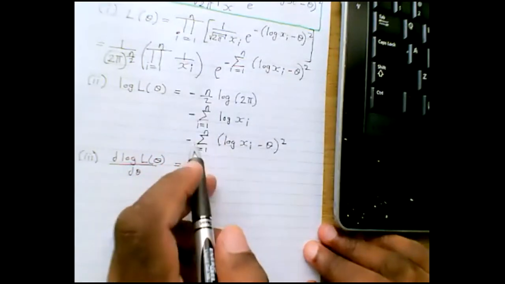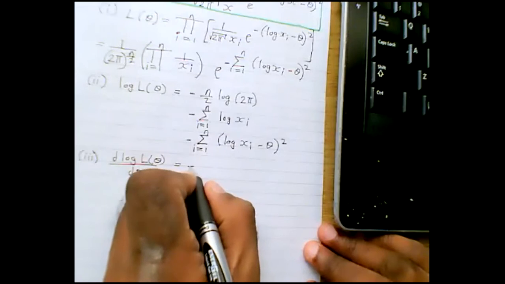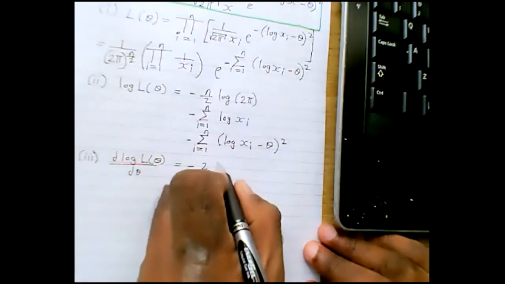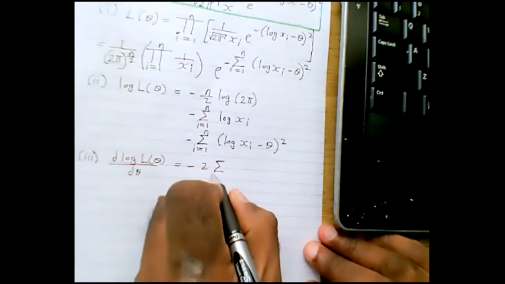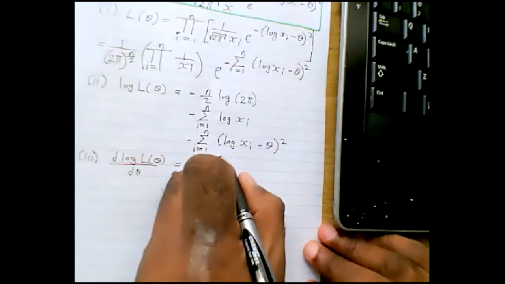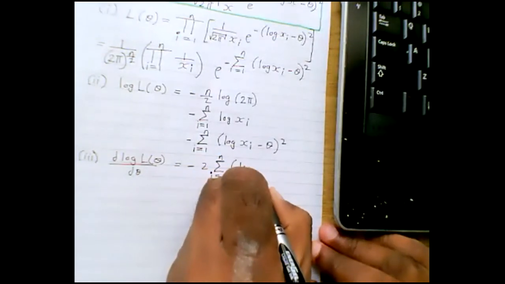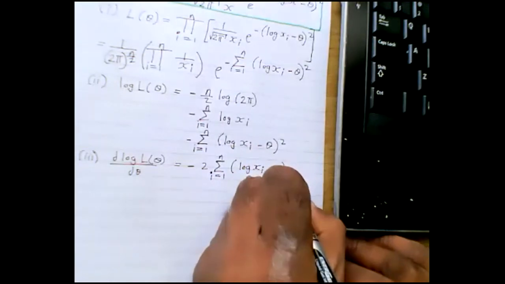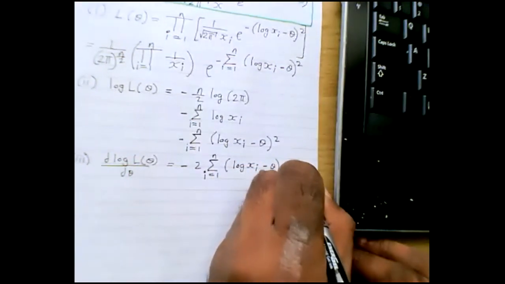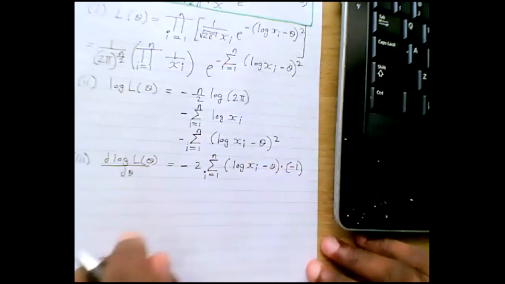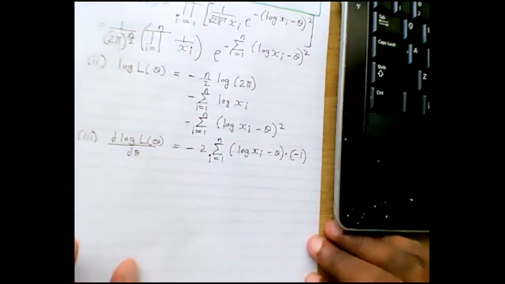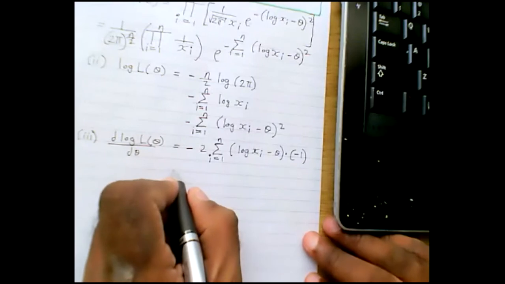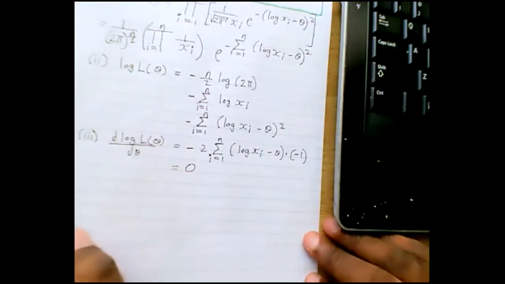Now the derivative of this is going to be minus 2, using the chain rule. This is what you will get. So you set this to 0 and solve for theta.